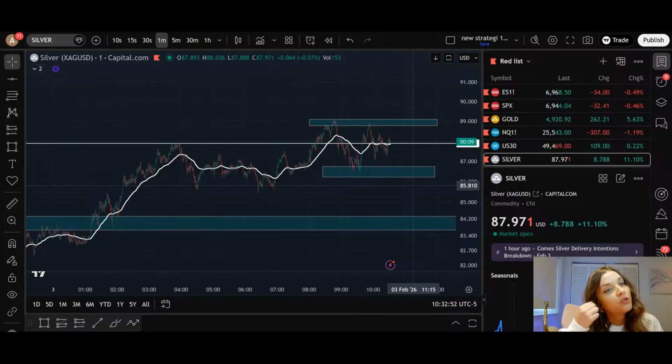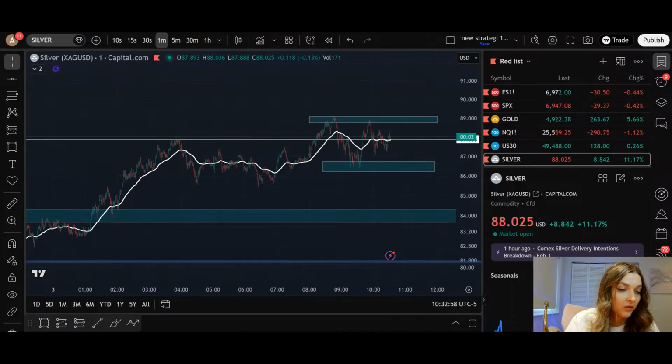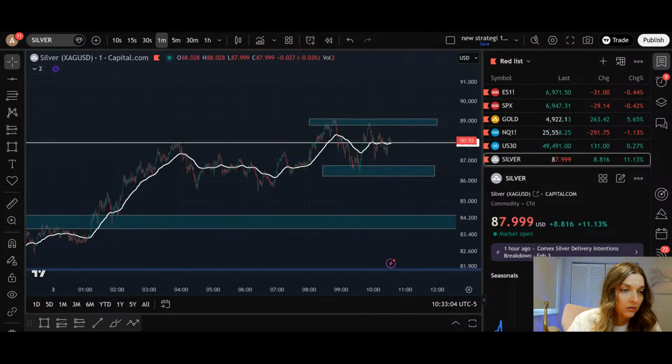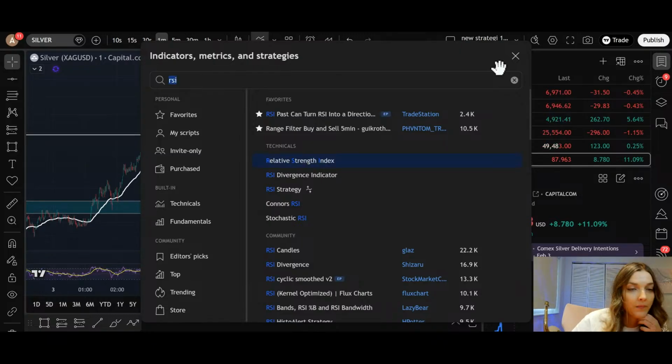What's your thought about Fibonacci? Okay, so I did actually film a video yesterday about Fibonacci. Let me show you something. I don't think we're gonna take any RSI. I'll put an RSI.